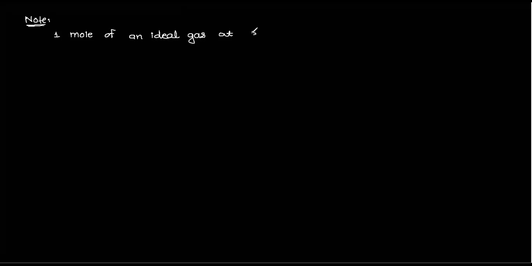At STP means what? Standard temperature and pressure. It has a volume of 22.4 liters, that is 22.4 into 10 to the power minus 3 meter cube. Keep this note point in mind, right?